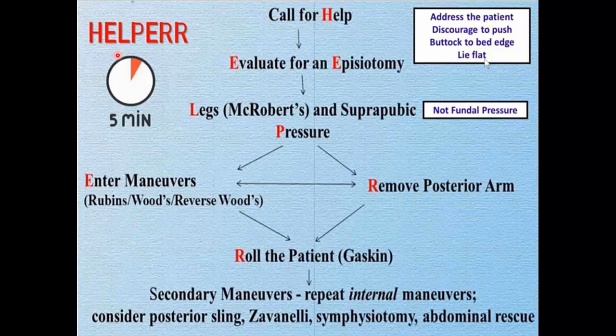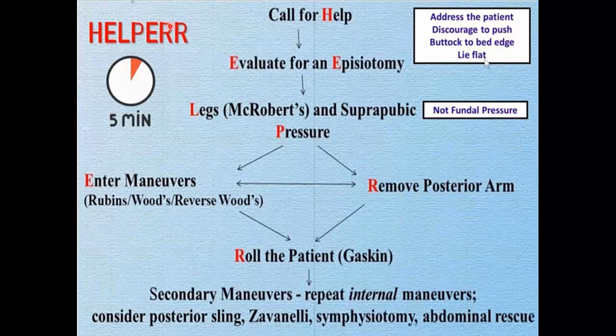And L for legs. Here leg is for the McRoberts position, to raise the legs, the McRoberts maneuver, and P for pressure, suprapubic pressure, and E for enter maneuver or rotational maneuver like Rubin 2 and wood screw and reverse wood screw.